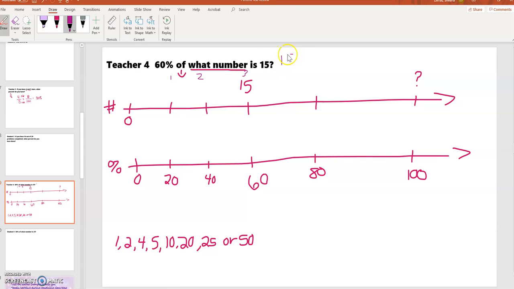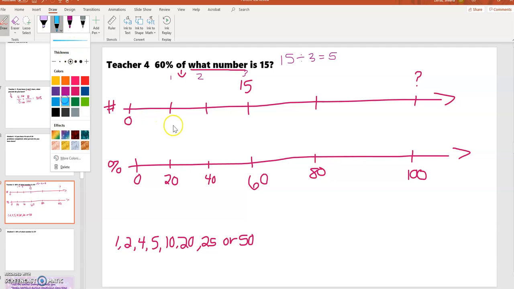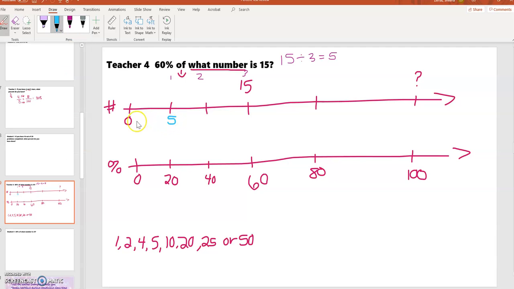So to decide what I'm counting by, I take the 15 and divide it into those 3 spaces, and that will tell me to count by 5s. So 0 to 5, 5 then to 10, 10 to 15, 15 to 20, and 20 to 25. So I'll circle that and indicate that as my answer.